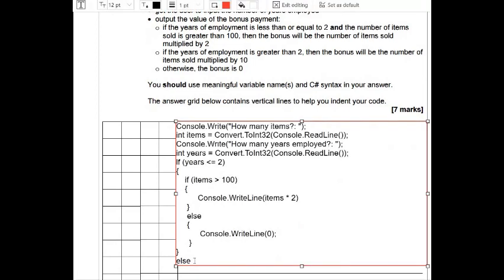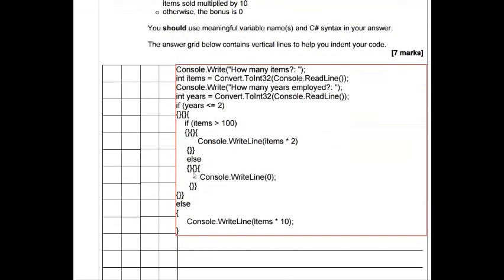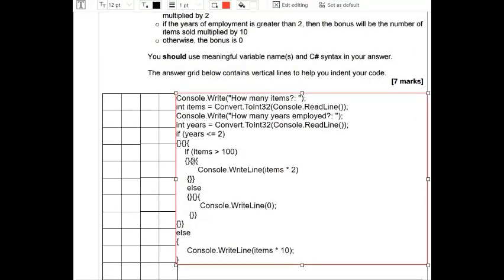Then else, we're going to have console.WriteLine items times 10. So this is going to be our fully working code in there.